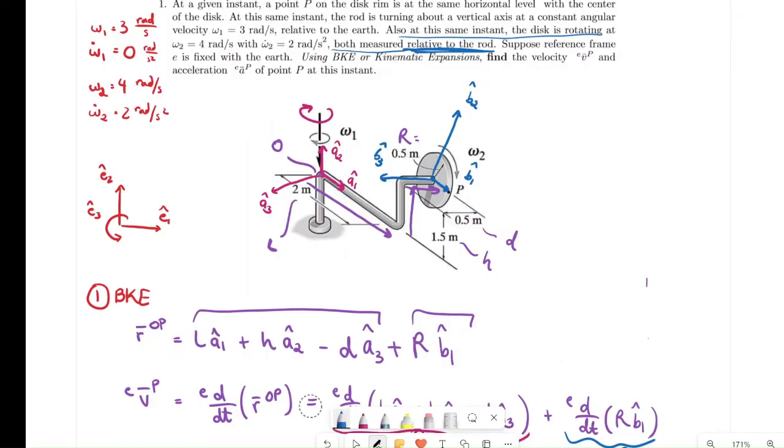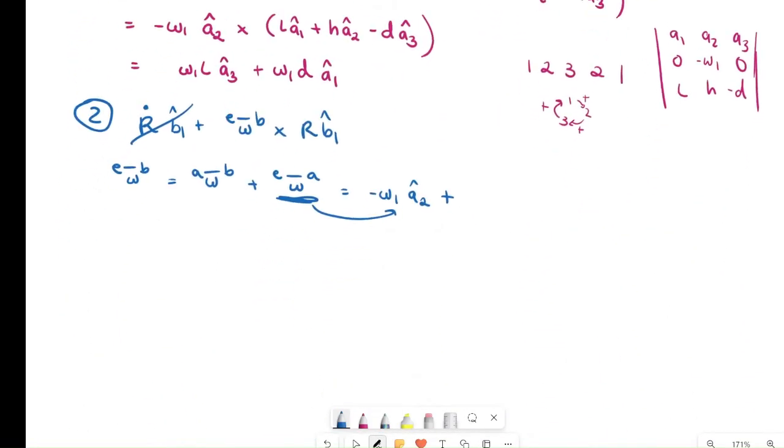What direction is this in? We do our right hand rule, curling our fingers in the direction of omega 2. Our thumb should be pointing out of the disk, the opposite direction of b3 hat. So the angular velocity is going to be negative omega 2 b3 hat.